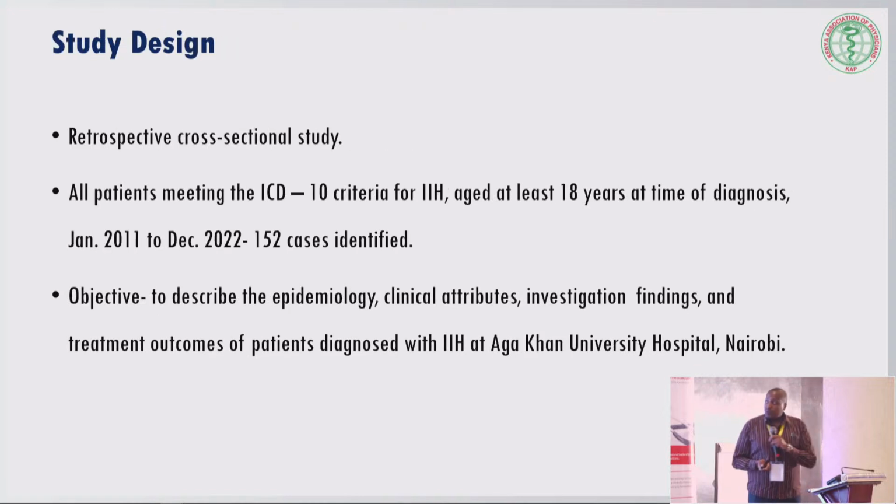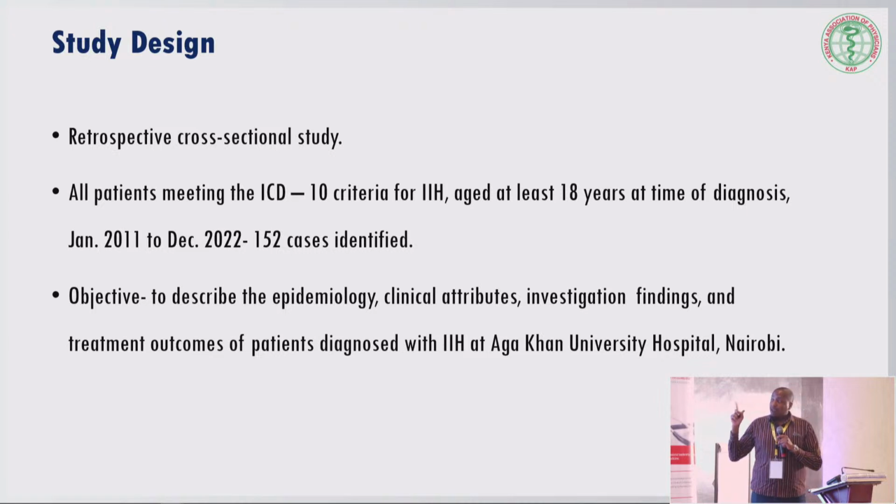So this was a retrospective cross-sectional study, and we looked at all patients who met the ICD-10 criteria for IIH, who are aged at least 18 years of age at the time of diagnosis, from January of 2011 to December of 2022.